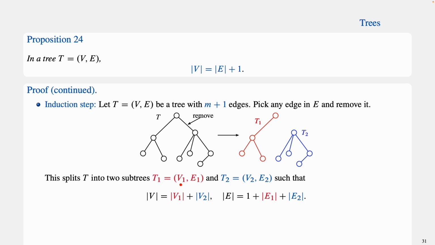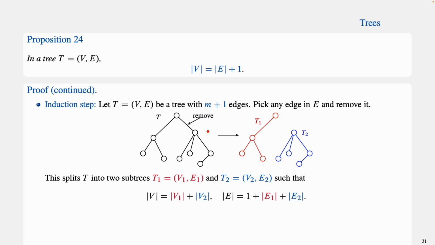So T1 and T2, such that the number of vertices of the original tree is the number of vertices of the first tree and the number of vertices of the second new tree that we obtained.